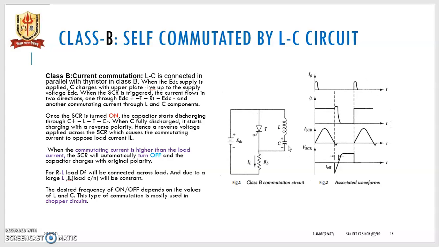When the voltage across the capacitor exceeds the voltage applied, it will turn off the thyristor because it is forcing a reverse current. And when this reverse current is greater than the load current, the thyristor is turned off.